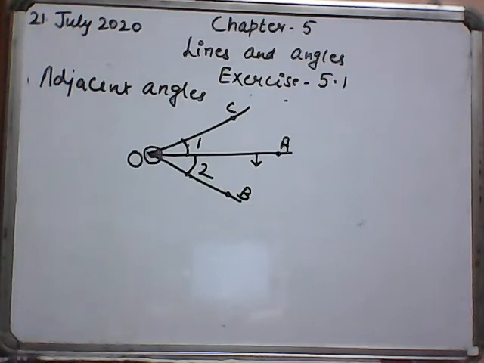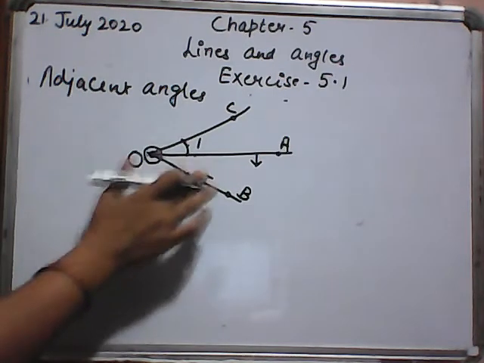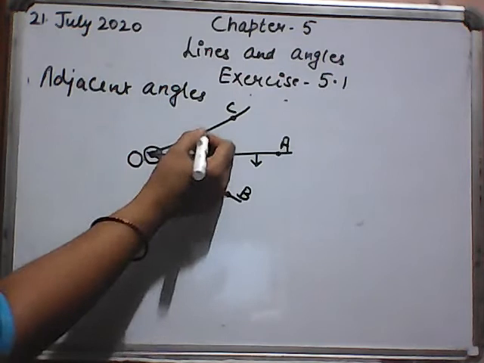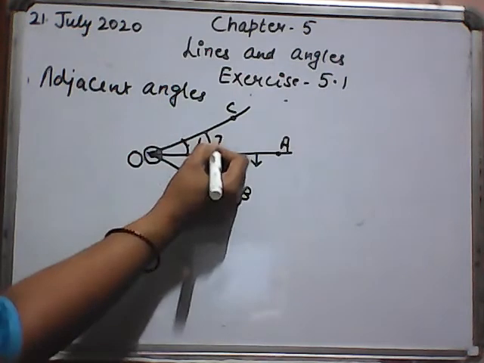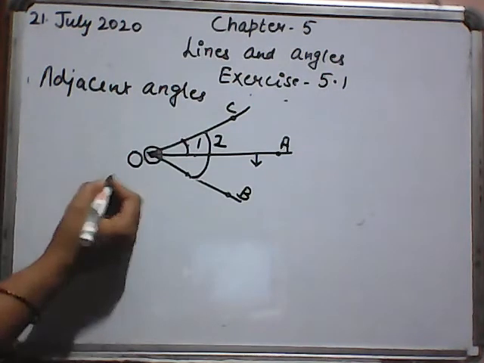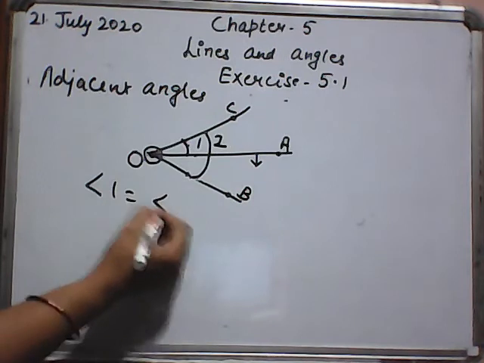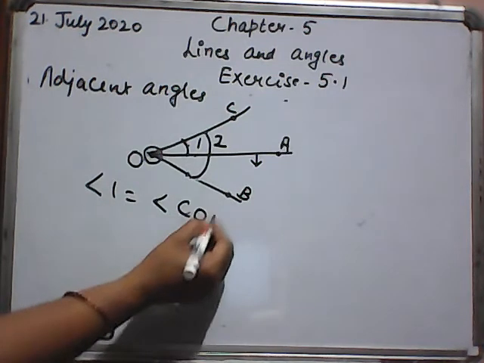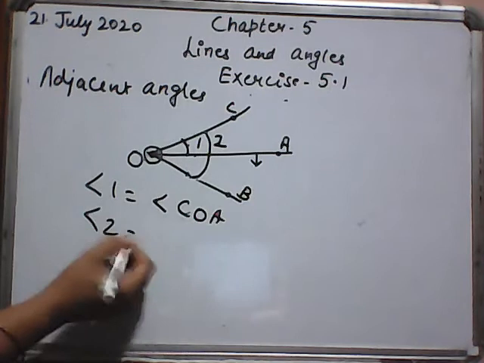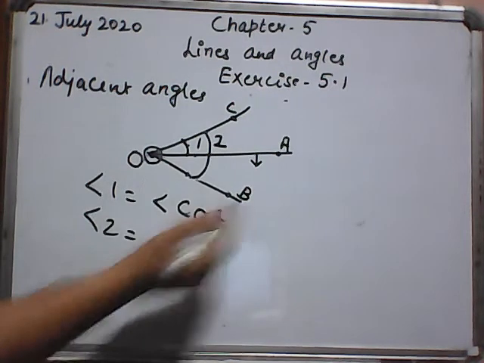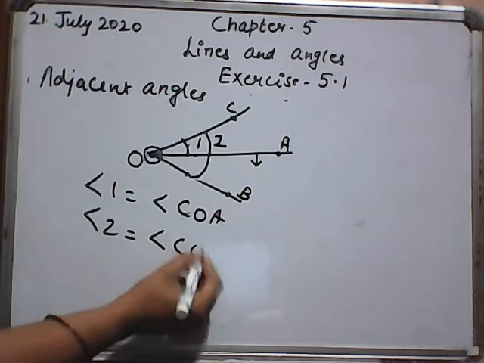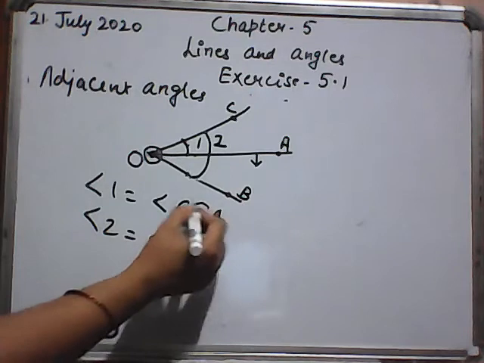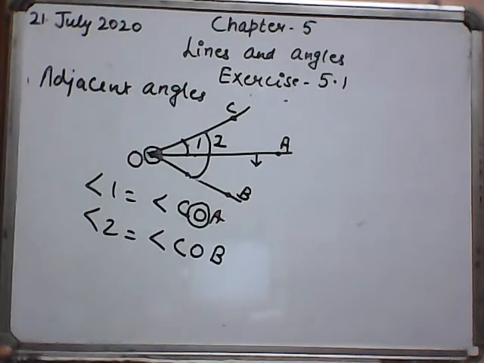In another way, suppose angles are given in the form angle 1 and angle 2. Here angle 1 is angle COA, and angle 2 is angle COB. The angle is always written with the vertex in between.